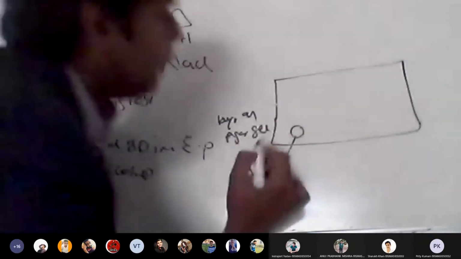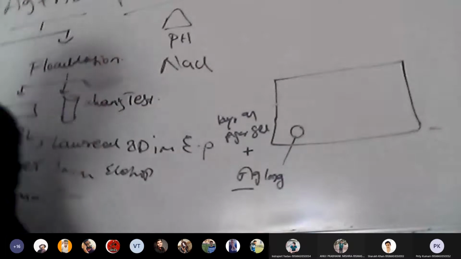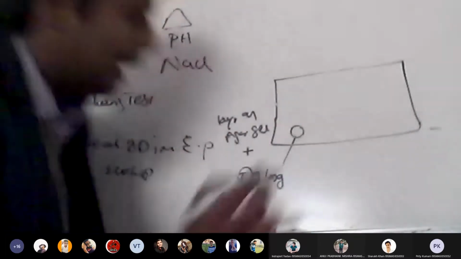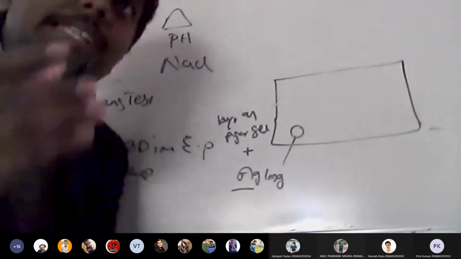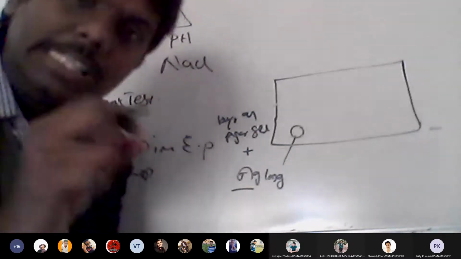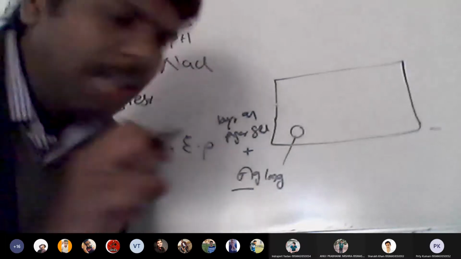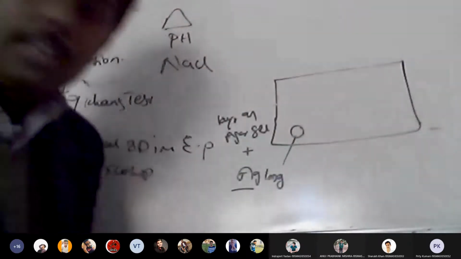Then I will apply electricity to the gel. When I apply electricity, depending upon the molecular size, the shape, and the molecular weight of the antigen, they will get separated.